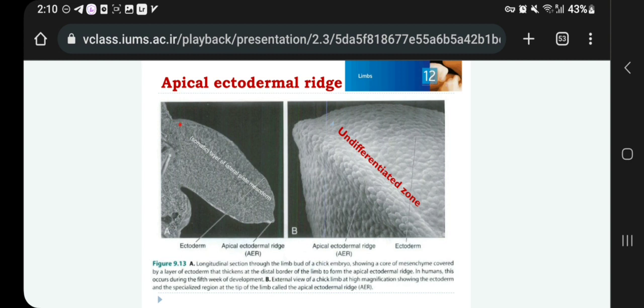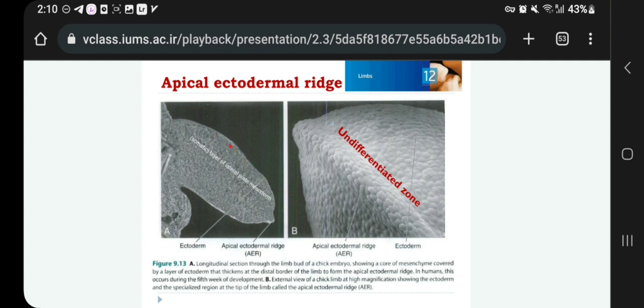The limb starts with the limb bud, a bud in the lateral plate mesoderm. Okay, the lateral plate mesoderm outgrows to the lateral of the body, and here it is covered by the ectoderm. So this part is the parietal or somatic layer of the lateral plate mesoderm that is covered by the ectoderm.